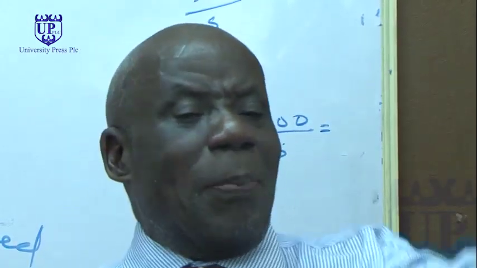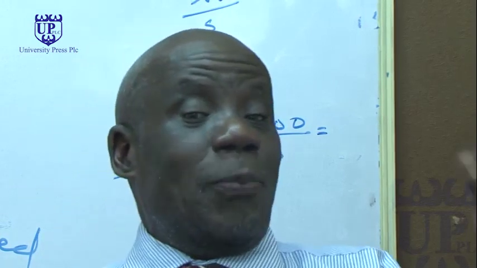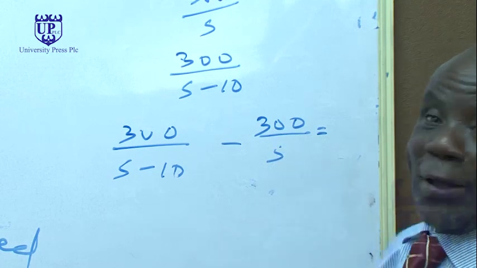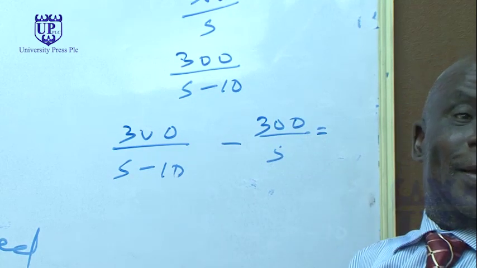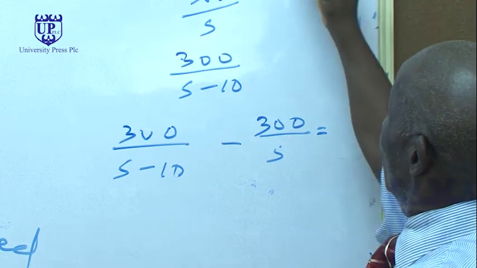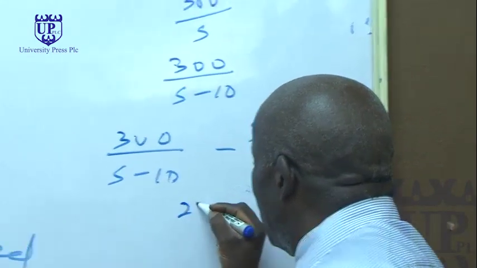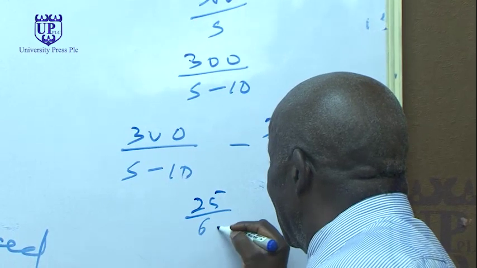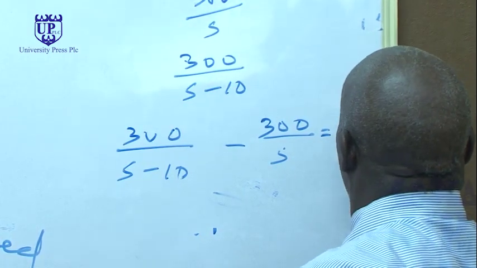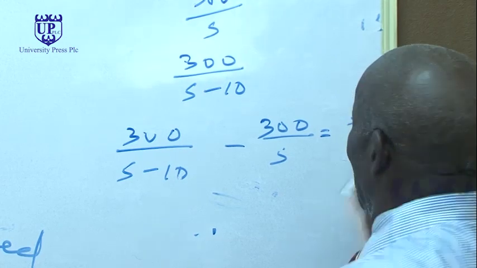It's not kilometer per minute; we are talking of kilometers per hour. So 25 minutes is 25 over 60, which is 5 over 12.